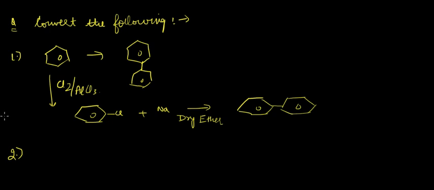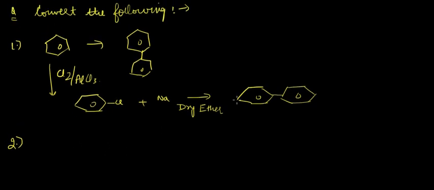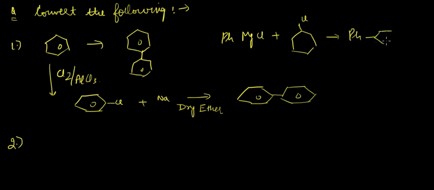And the second example is, we can actually prepare this via one more mechanism. If we have PhMgCl, and we have chlorocyclohexane, then we can have Ph and this compound.